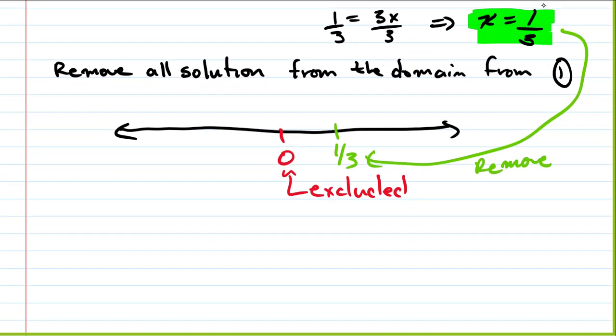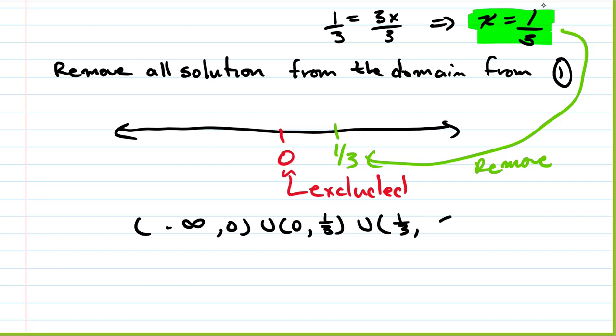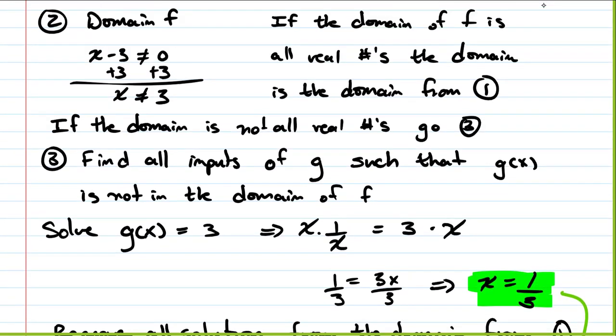So if we take those two values out, our domain goes from negative infinity to 0, unioned with 0 to 1/3, unioned with 1/3 to positive infinity. And that would be the correct domain of f circle g.